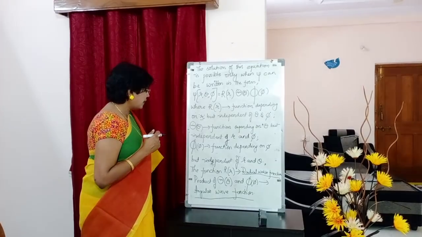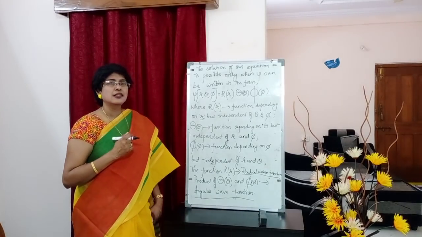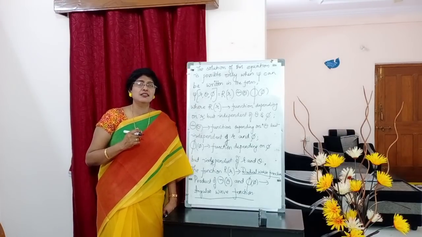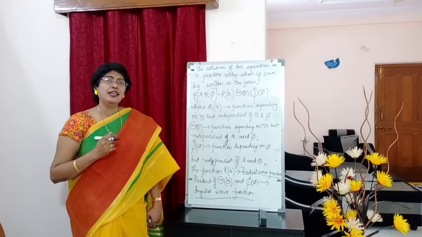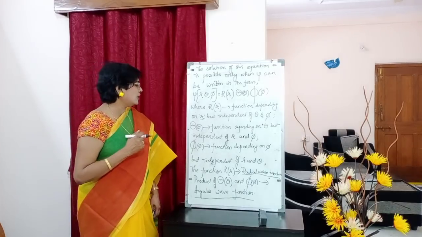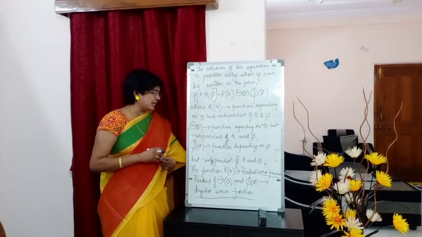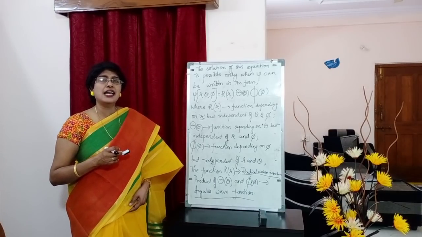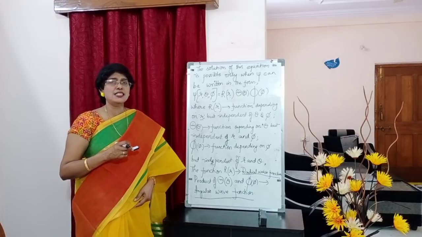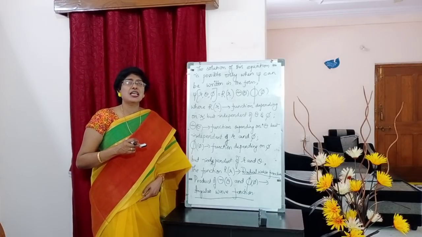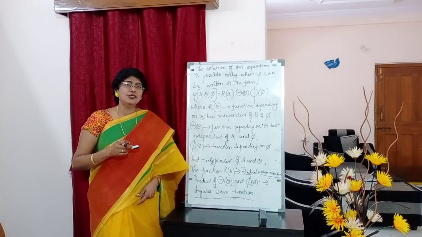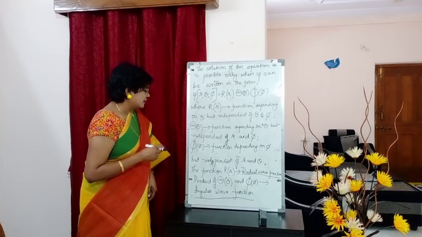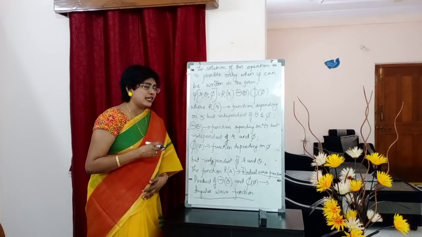And phi of phi is the function depending on phi but independent of r and theta. Okay students, these are 3 functions which depend on their respective coordinates.